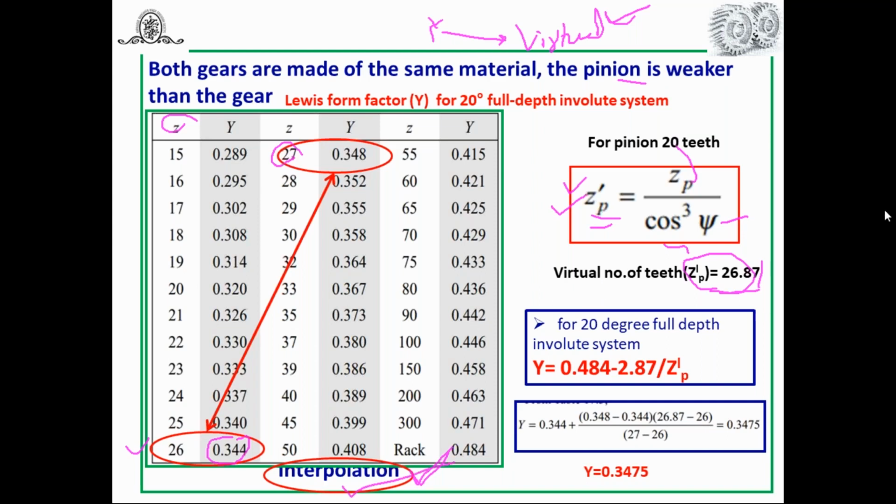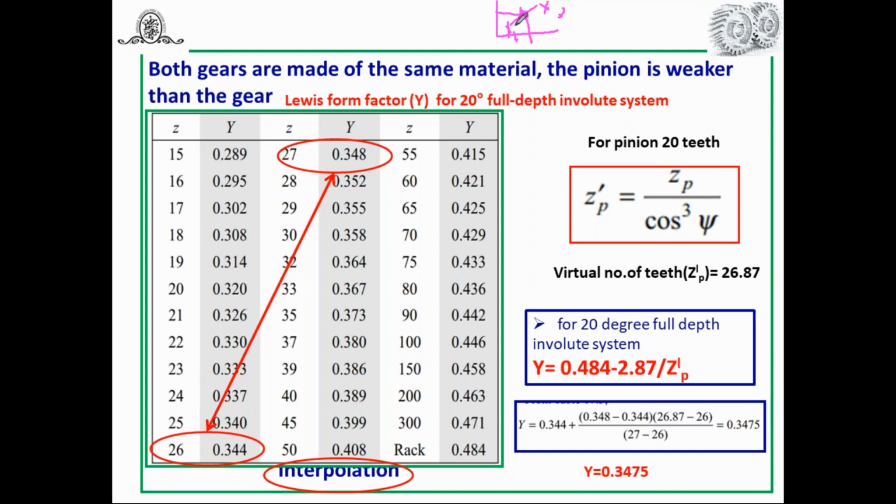You know very well that in numerical methods also you use the interpolation method. In between these two, you know how to use interpolation by using the equation of a straight line. Suppose on the x-axis and y-axis these are two points, x1 and x2, and the point lies in between.